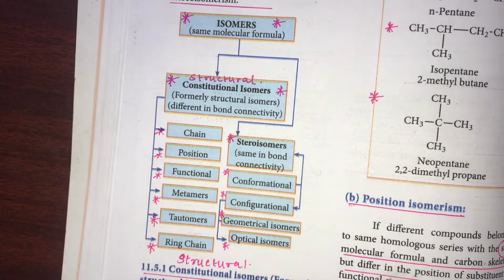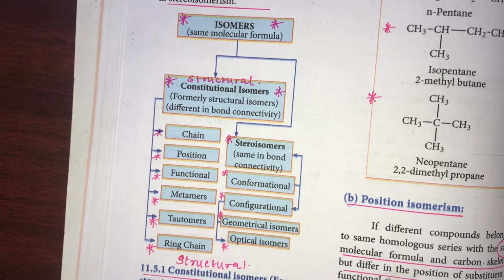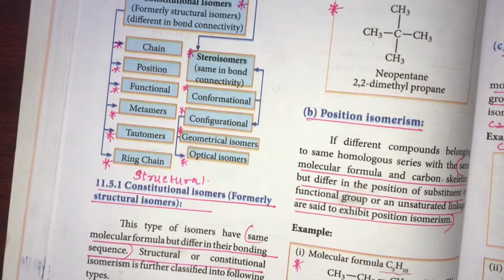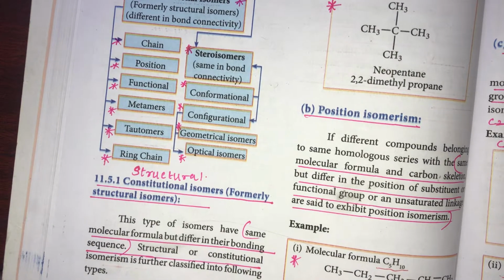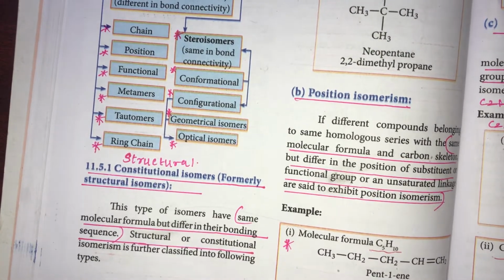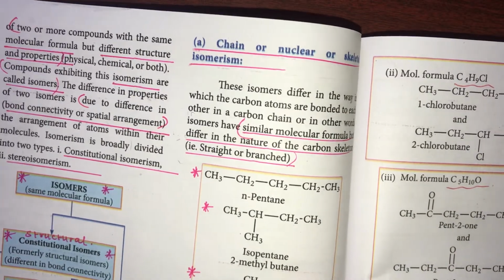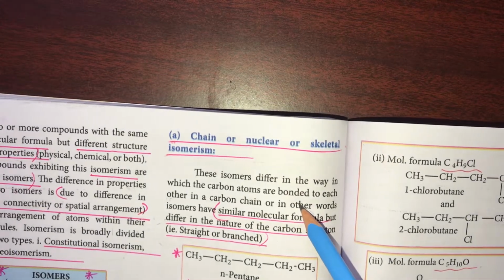Now we are going to see the types of structural or constitutional isomerism. These isomers have the same molecular formula but differ in their bond sequence. The first one is chain, nuclear or skeletal isomerism.